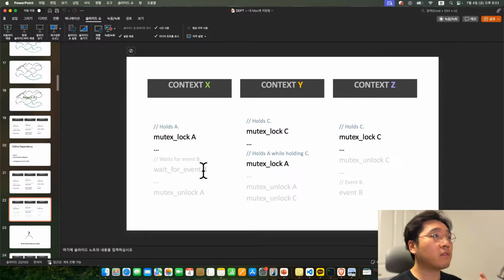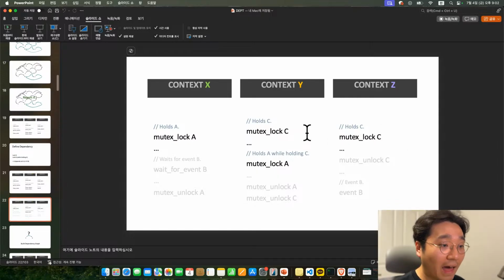Context X wants an event occurring from another context, and context Z wants to hold the mutex C, but context Y already holds the lock C. So context Z never ends.